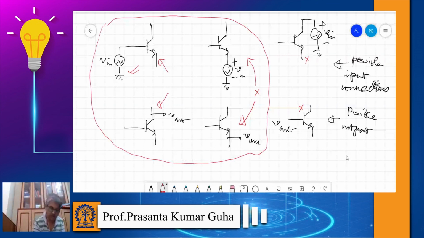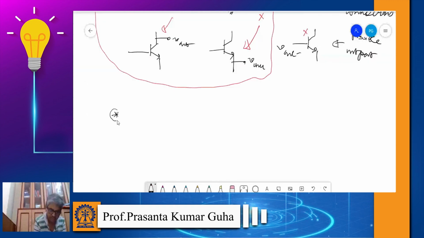In the first case we will take only the BJT. We will see, using the small signal equivalent circuit, what kind of gain we are getting when we apply an input signal.